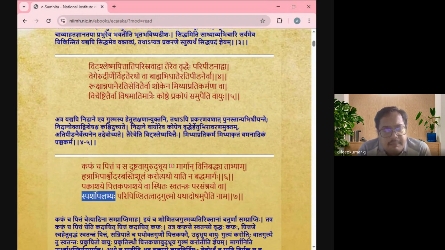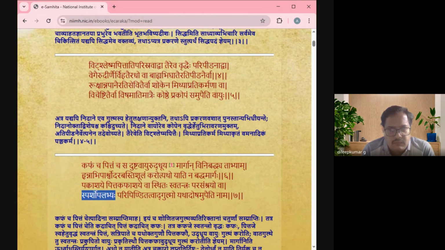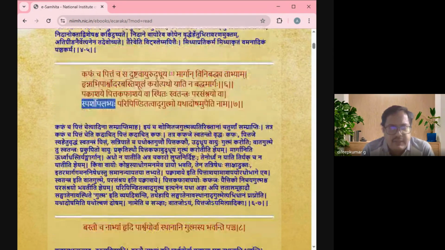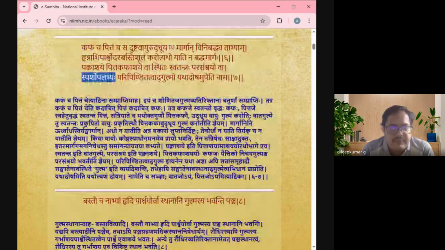So all these come under paripindita sparshopalabhya gulma yadoshamupaiti nama. So gulma is presenting with colicky pain and a palpable spherical or irregular swelling with pain in the abdomen. So we can notice a wide range of presentations in terms of gulma.